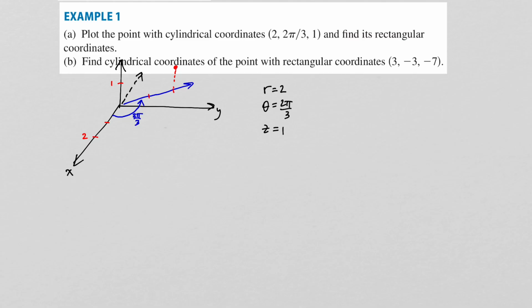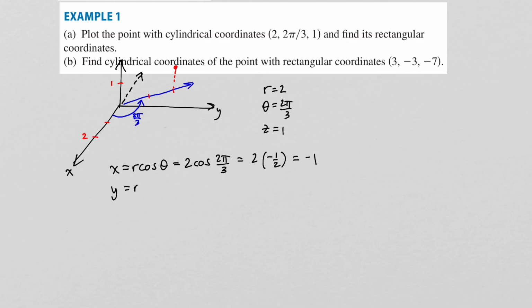Now in terms of giving the rectangular coordinates, we know that x is equal to r cosine theta, r is 2, theta is 2 pi over 3. This is going to be 2 times negative 1/2, which is negative 1.